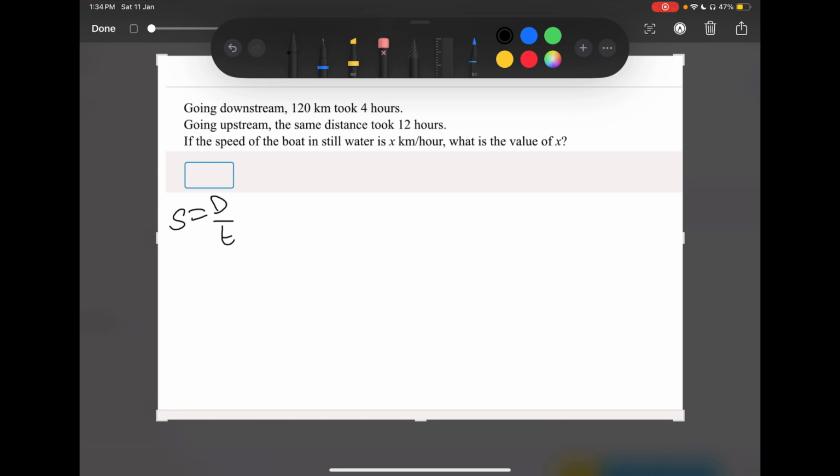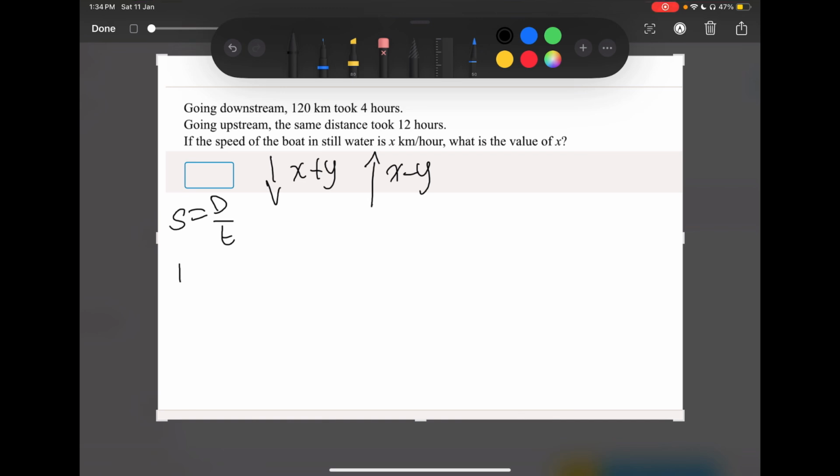The formulas we're gonna use: downstream is gonna be x plus y. Upstream is gonna be x minus y. So we said distance divided by time. First we're gonna calculate the downstream.